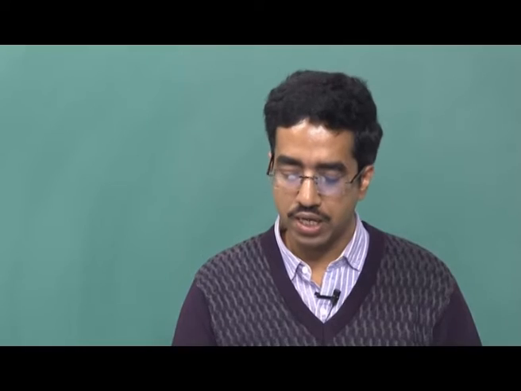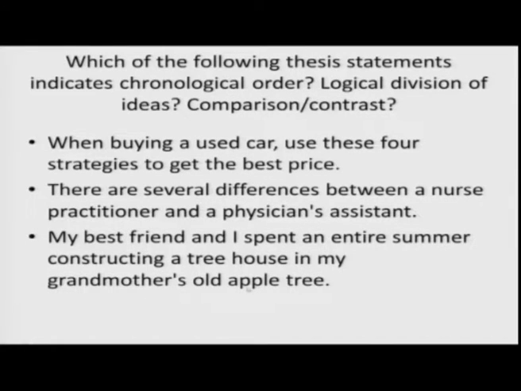This is constructing a tree house in an old apple tree. So, obviously, the pattern here is going to be chronological. You are going to start with the oldest incident and then move on to the other incidents which follow that one. So, this is how a thesis statement can clearly indicate the order, the logical pattern of the rest of the essay.